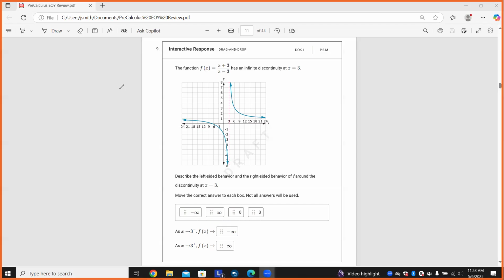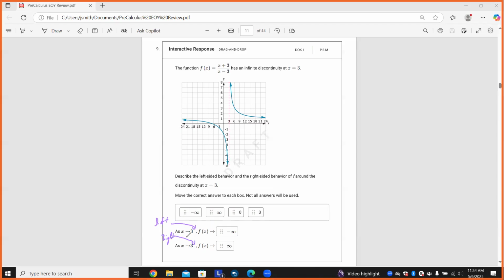The question is asking what is happening on the left side of 3 and on the right side of 3. We're on question 9. These little negative symbols right here mean the left, and this little positive symbol means the right.